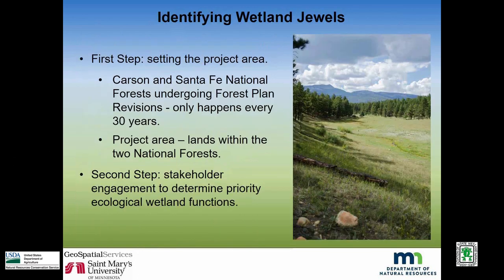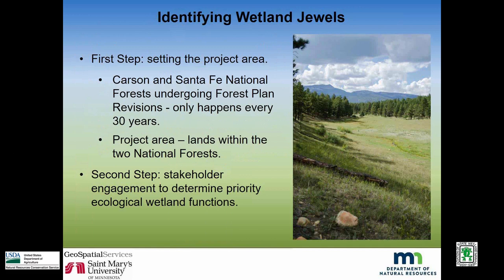So the process of identifying wetland jewels was driven by a planning process in the U.S. Forest Service, the 10-year plan revision, which happens only once every 30 years, even though it's a 10-year plan.